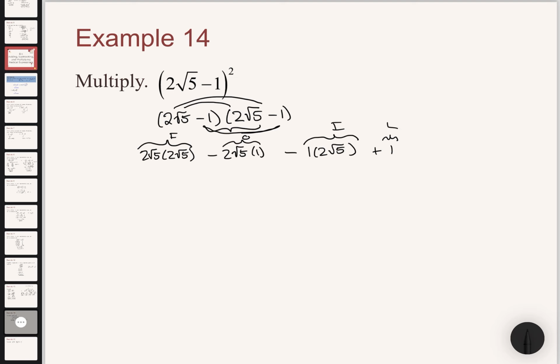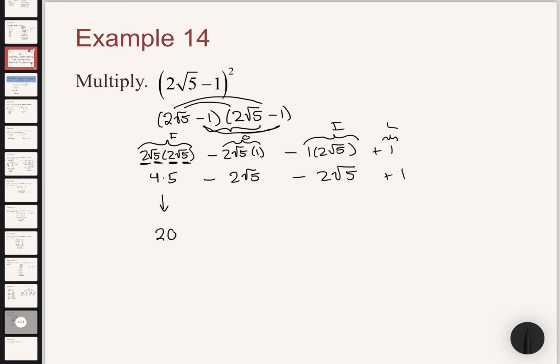All right, let's see if we can combine anything here. So my first one, I have 2 times 2, that's going to be 4, times square root of 5 times square root of 5. What would that be? Okay, that's just 5. So 4 times 5, that's going to just become 20. Over here, this 1 I didn't really need to write, so that's 2 times the square root of 5 minus... over here, it's actually also just 2 times the square root of 5, plus 1.